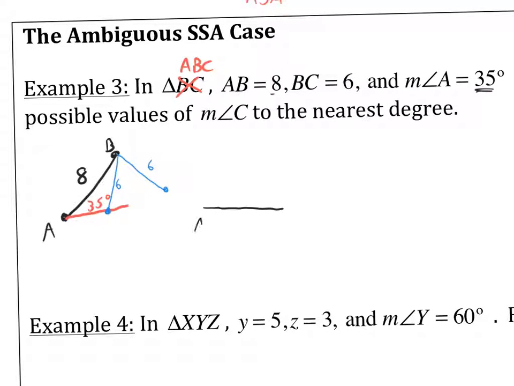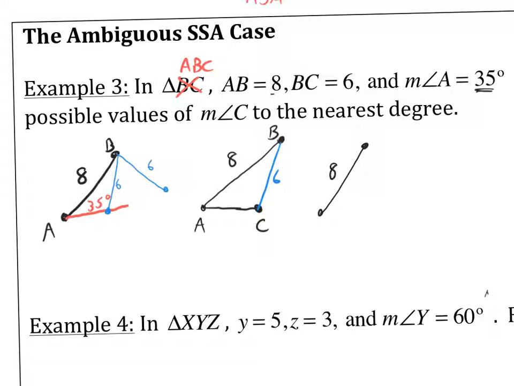So here is A and C somewhere over here. And if this is 8, like so, then this one is my 6. However, like I said, if I took this blue side and let it swing out like so, my other diagram is almost exactly the same.